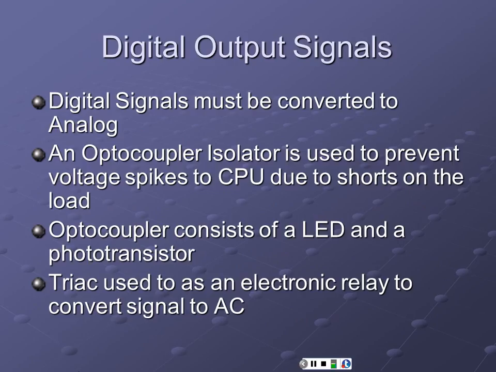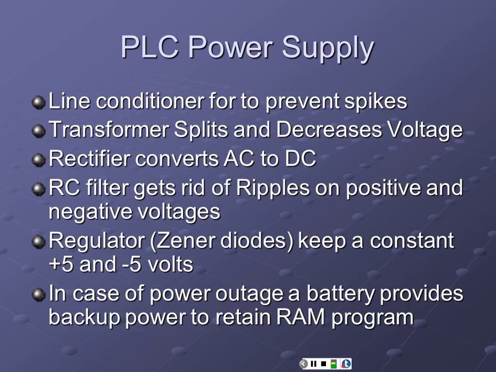Digital signals have to be converted to analog. Again, an optocoupler is used to prevent voltage spikes, and triacs are used as electronic relays. Again, industrial electronics. We also use line conditioners to prevent spikes.